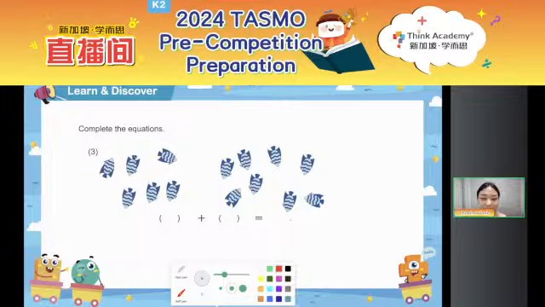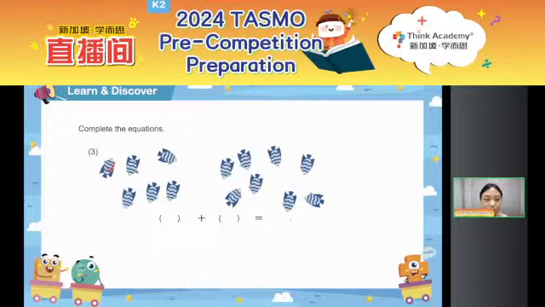How many fishes are there? 1, 2, 3, 4, 5, 6, right? 6 fishes on the left. So we write down 6 here. And then how many fishes are there on the right? 1, 2, 3, 4, 5, 6, 7, 8. 8, right? So this time what we need to do is just to write down the equation. So that will be 6 plus 8 equals 14.